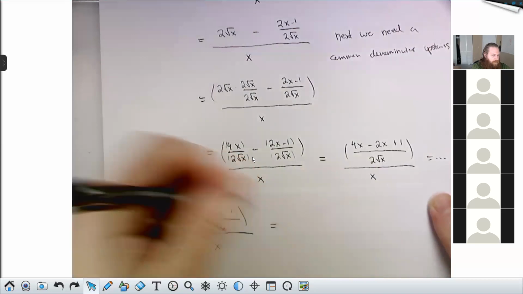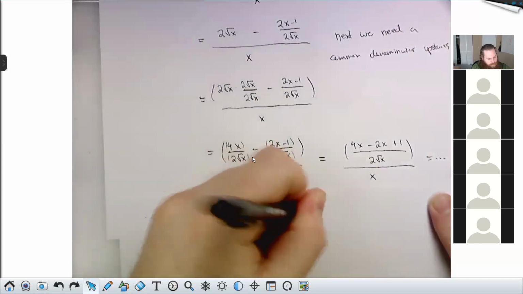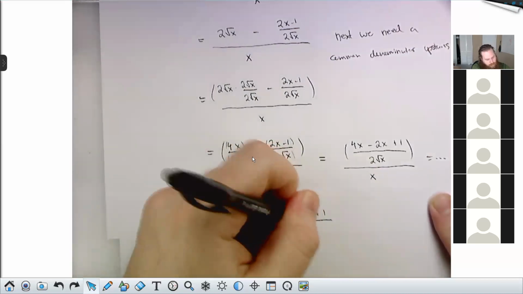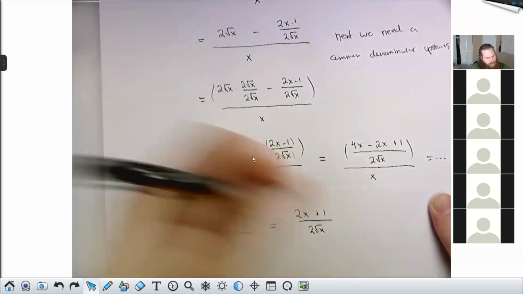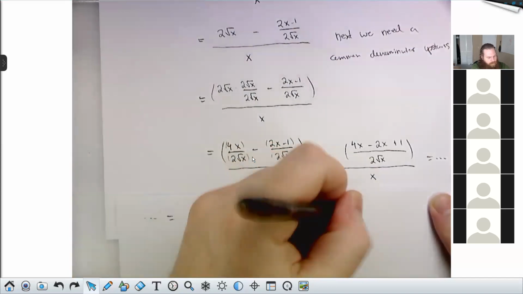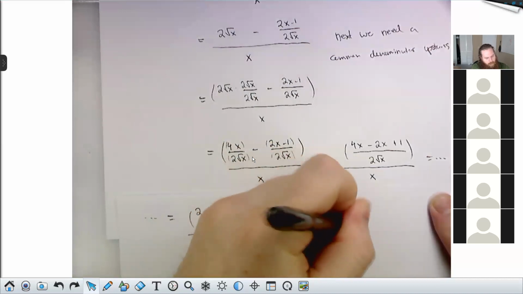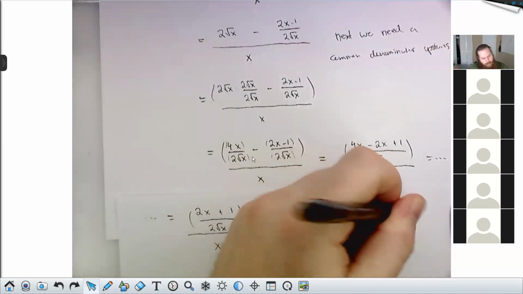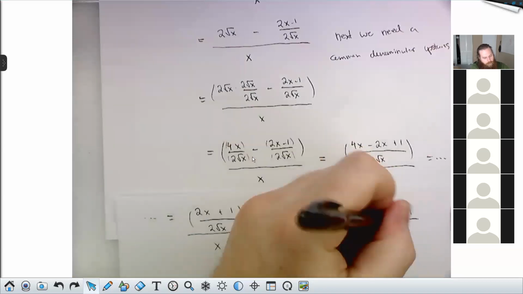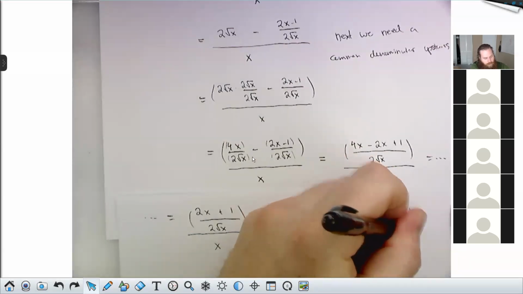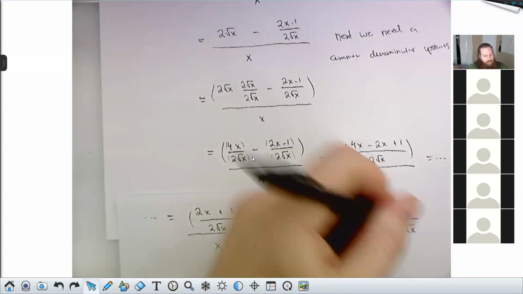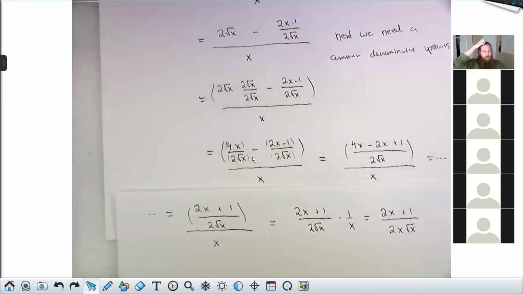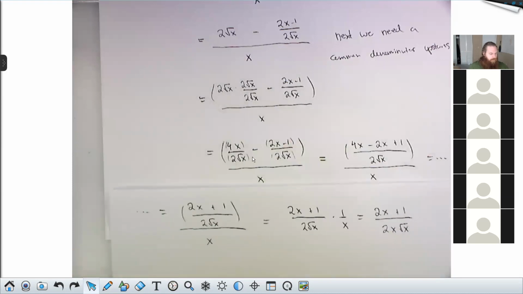And now finally, I can say, okay, this is 2x plus 1 over 2 root x. Dividing this by x is the same as multiplying it by 1 over x. So this is 2x plus 1 over 2x root x. And that is my derivative, simplified as nicely as I could hope for.